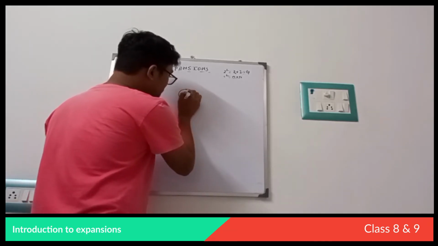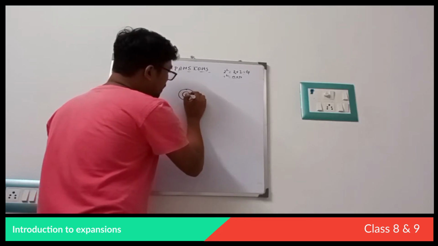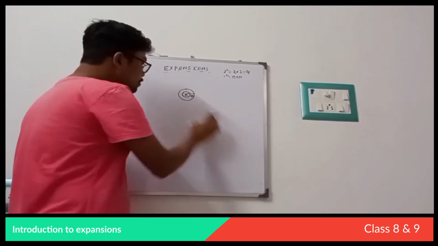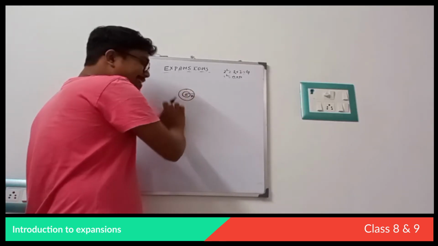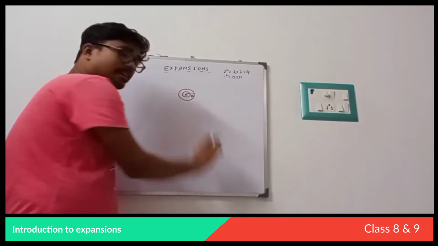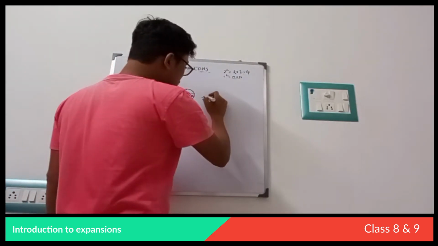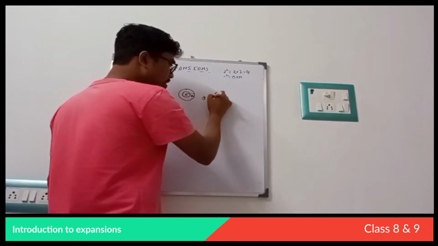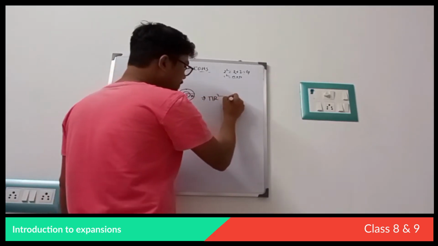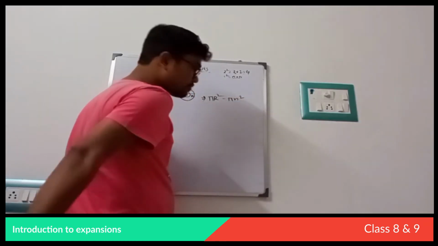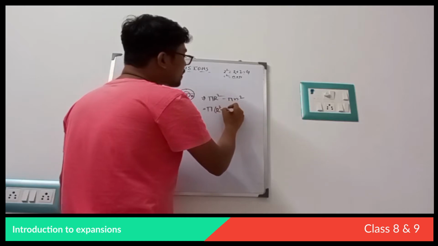So the big circle has radius capital R and the small circle has radius small r. What we know is that the area of a circle is pi into r square. For the big circle, this becomes pi into capital R square, and for this one, pi into small r square. When we take common, pi into R square minus r square.